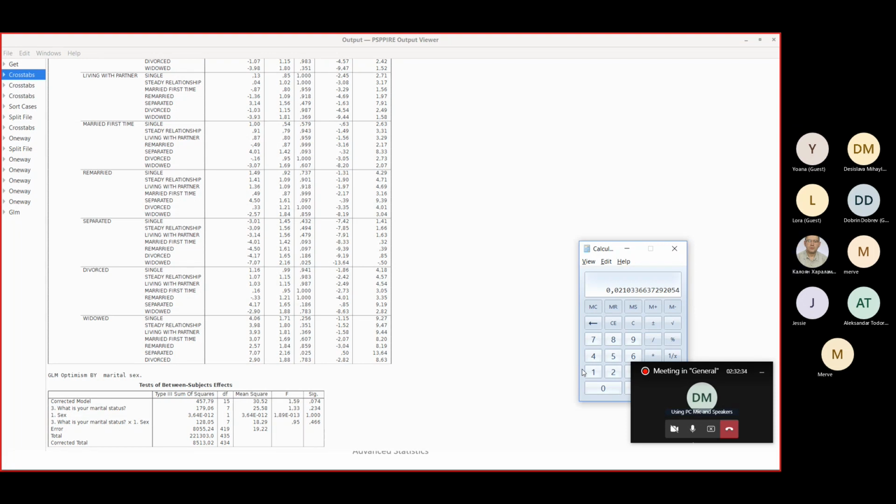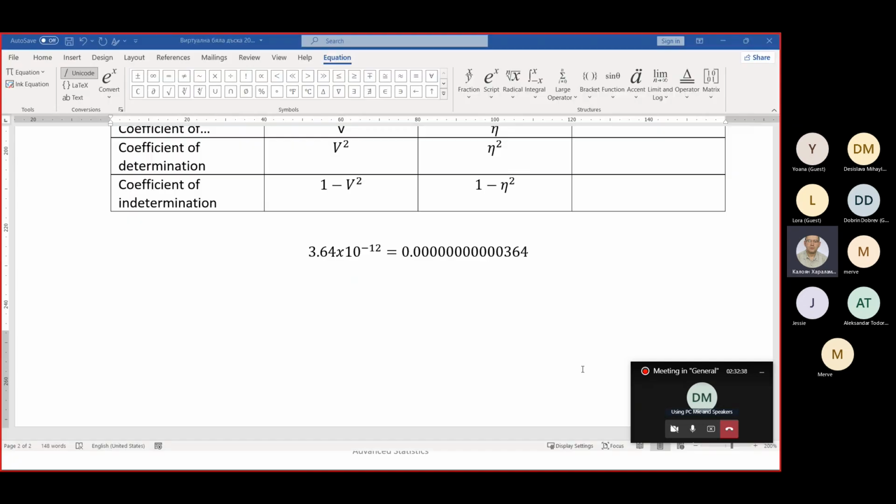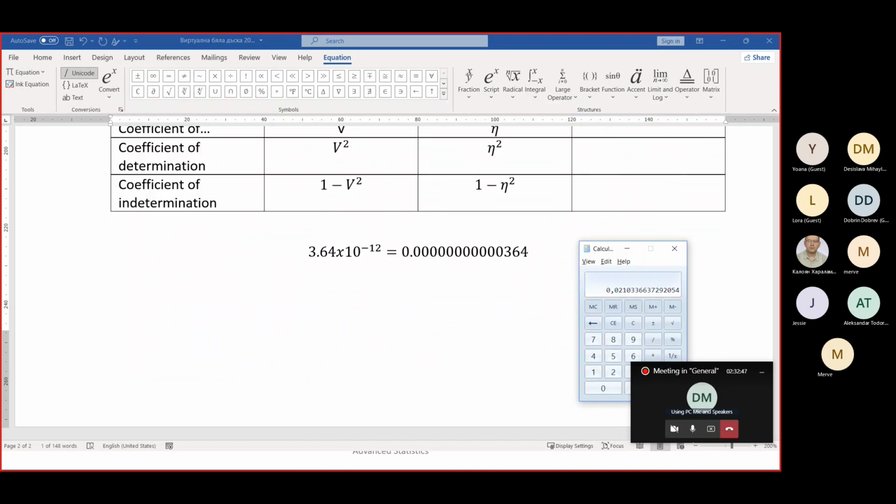And on the other hand, this number I will try to copy in the calculator. Okay, it is not possible.